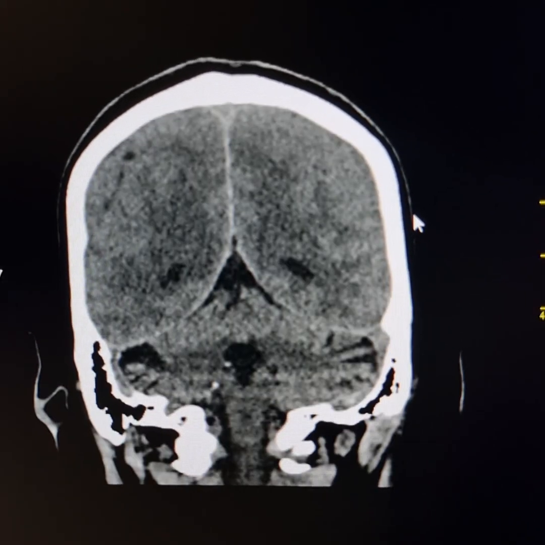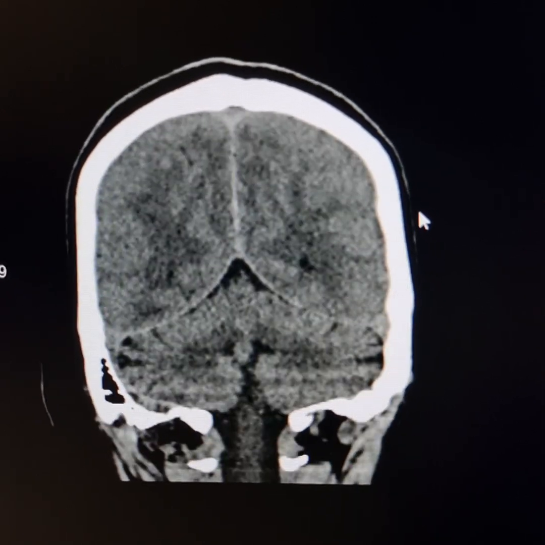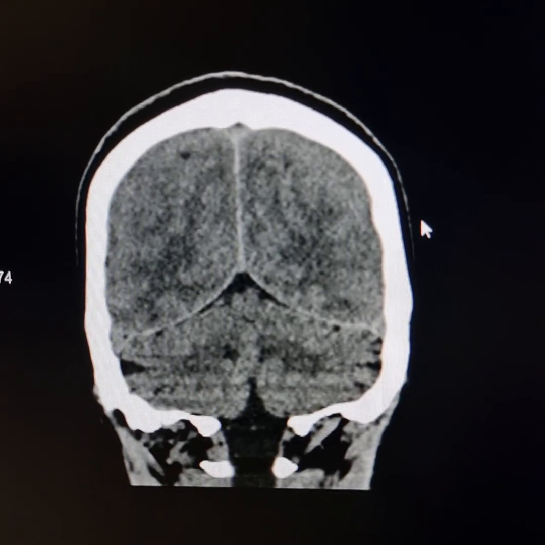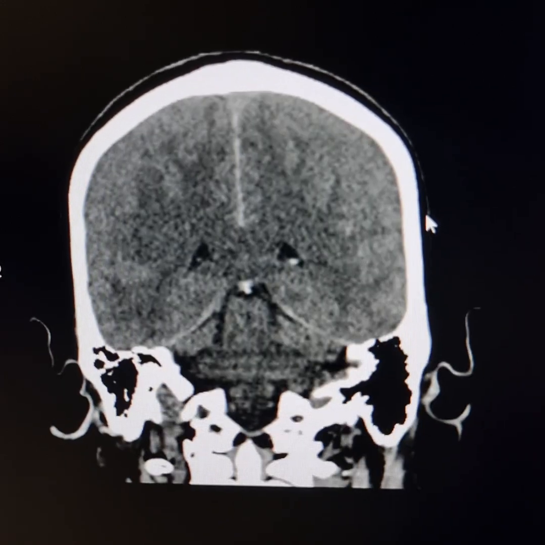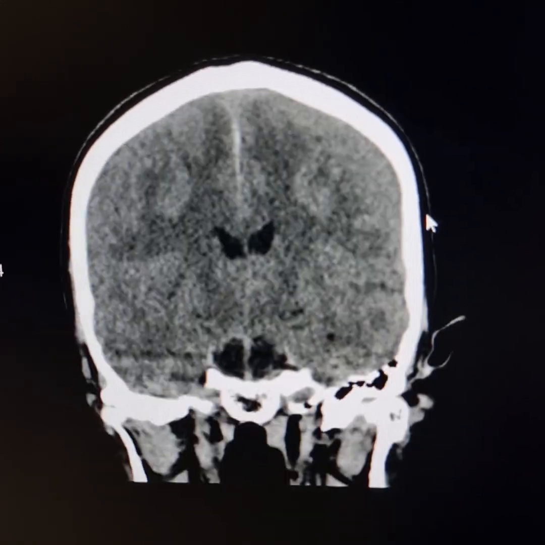But obviously at this age there has to be a cause. There has to be a reason for the compression of the sulci and narrowing of the intracerebral CSF spaces.